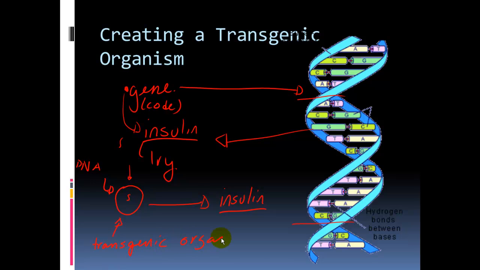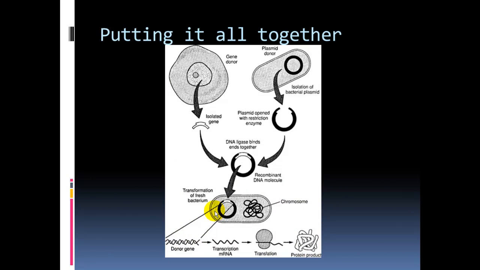And this is always the outcome of recombinant DNA. It is not the insulin. The insulin is what we want, but the transgenic organism is what we make to get the protein that we want.